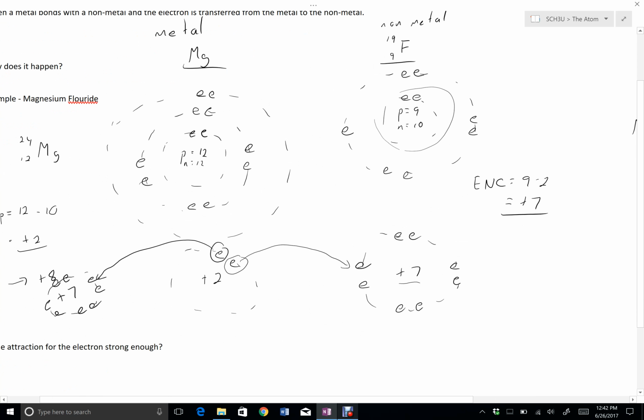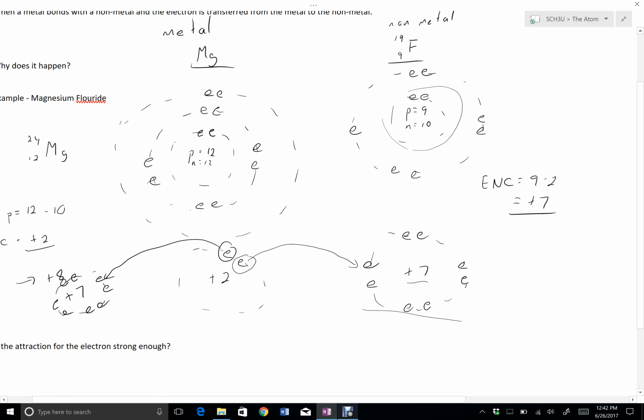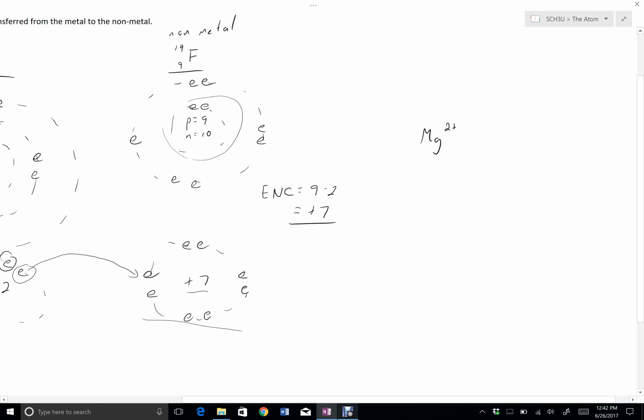And these 2 fluorine atoms, having taken on extra electrons, will now have 8 valence electrons around them. And the overall charge will be -1.